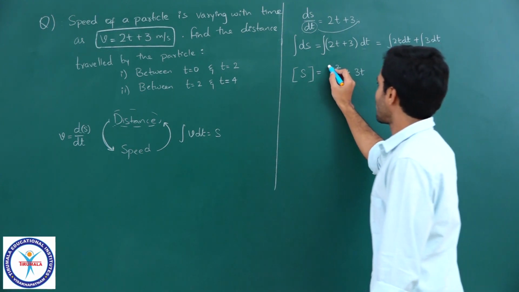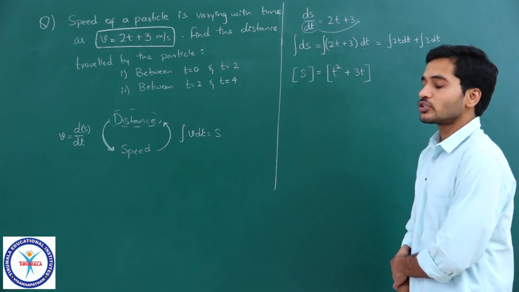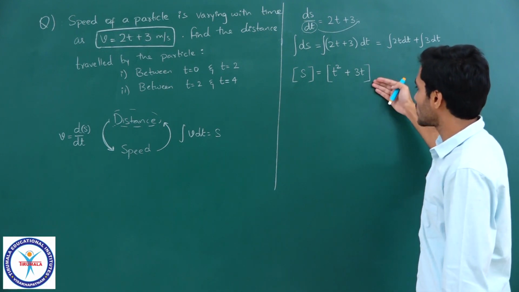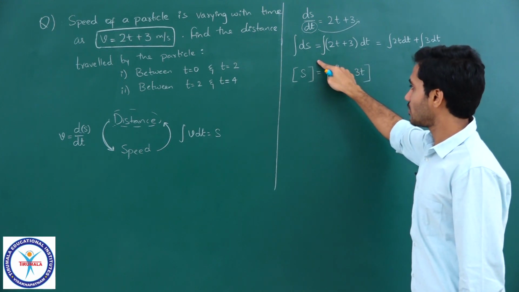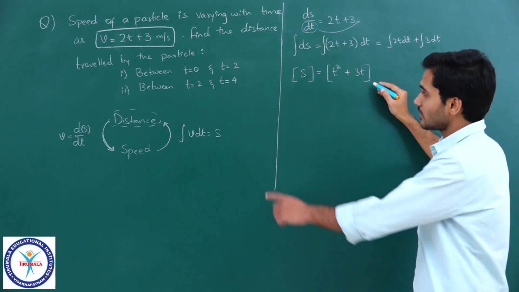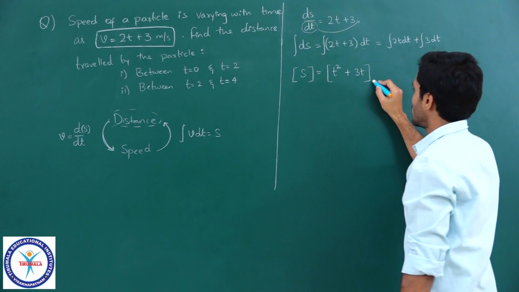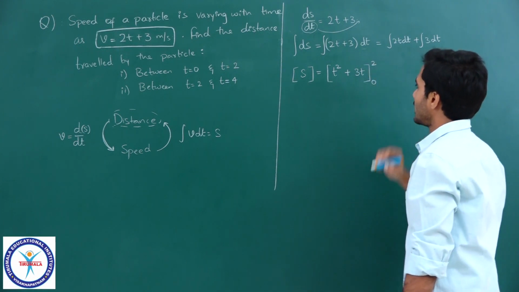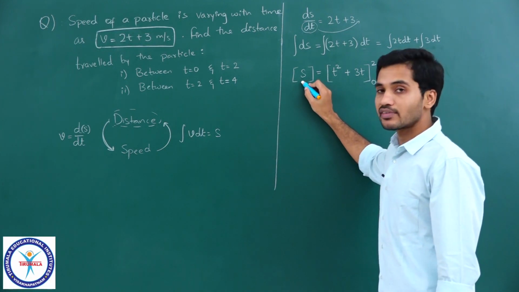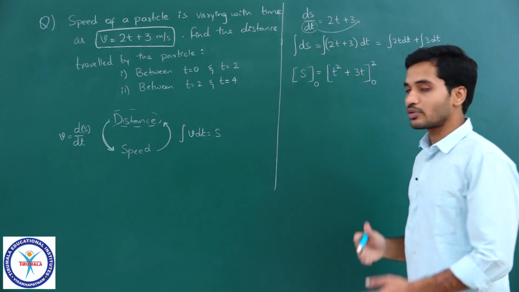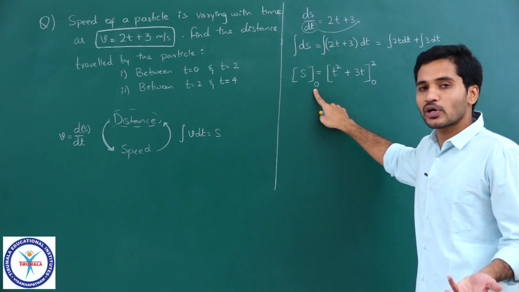Clear, students? As I told you, I am going to perform definite integration on both sides. Now observe closely. When I need to perform definite integration, I need to know the initial and final values of time and distance. In the first question they are saying between t = 0 and t = 2, so I know the limits for time. The distance covered by the particle at t = 0, when the particle is just starting, is 0, because by then the particle has not covered any distance.